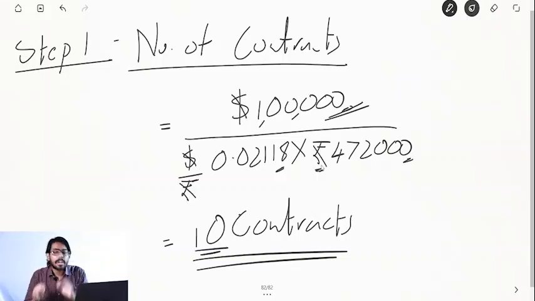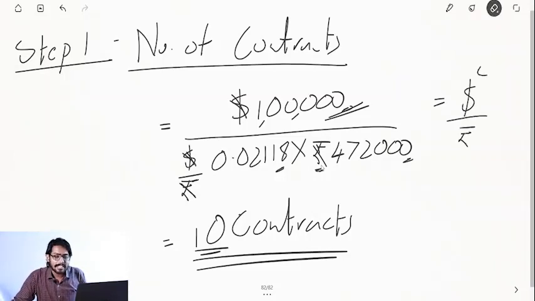Your final answer should have no symbol. It is just a number of contracts. If your answer is getting some symbol, like dollar squared by rupee, or any symbol at all, then your answer is wrong. The final answer should not have any symbol.